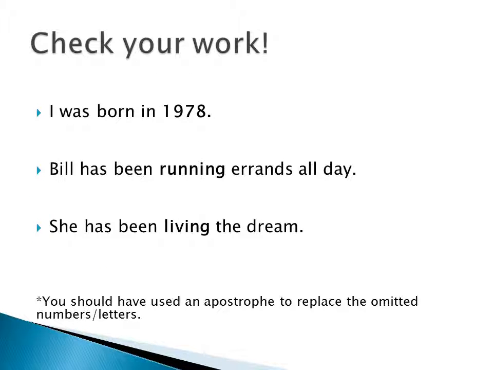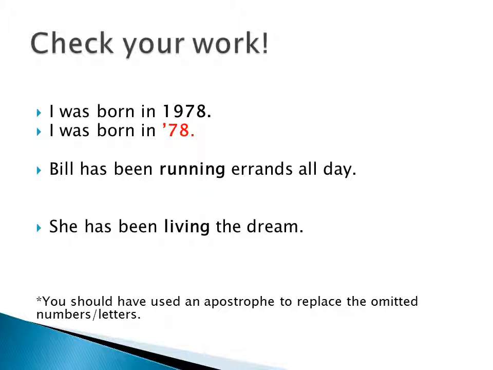Okay, let's check your work. Sentence number 1 said, I was born in 1978. You should have changed this to, I was born in '78, using an apostrophe to take the place of the 19. Sentence 2 says, Bill has been running errands all day.